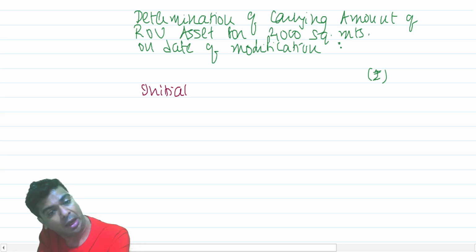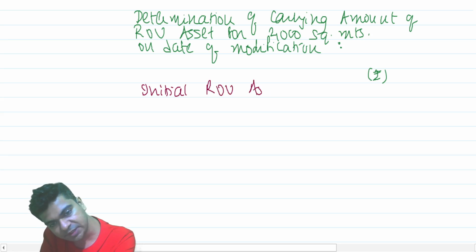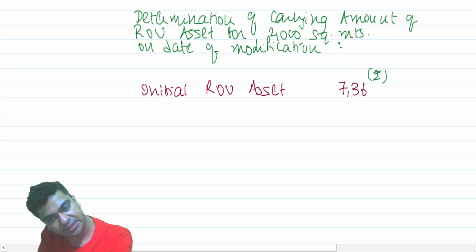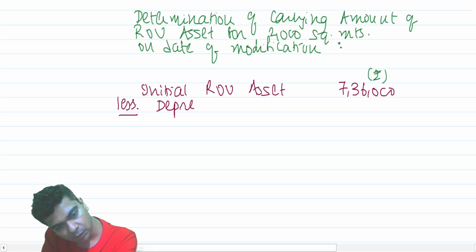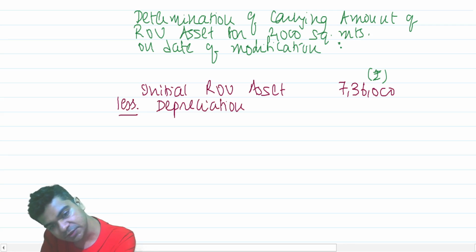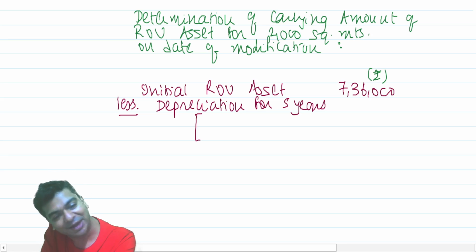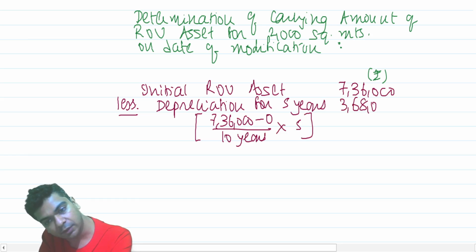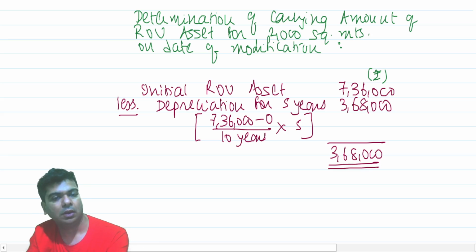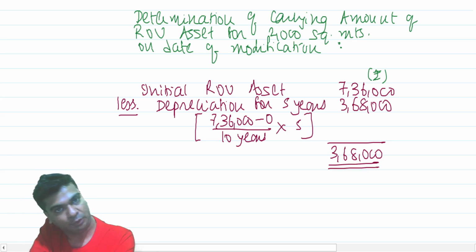So we say initial ROU asset or original ROU asset, whatever you may say. We incorporated that at 7,36,000 less depreciation for 5 years. You can even pick up this figure also from the earlier calculations. 7,36,000, no salvage value. 10 years was original term into 5. We know it is 3,68,000. So on the date of modification, we have 3,68,000.